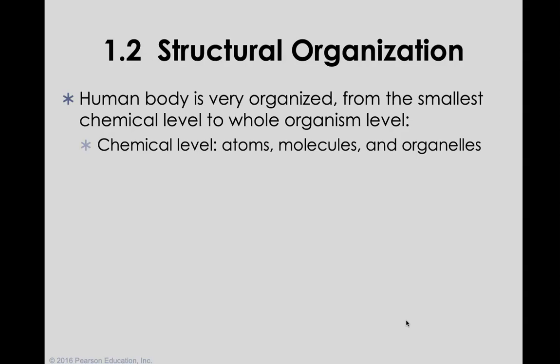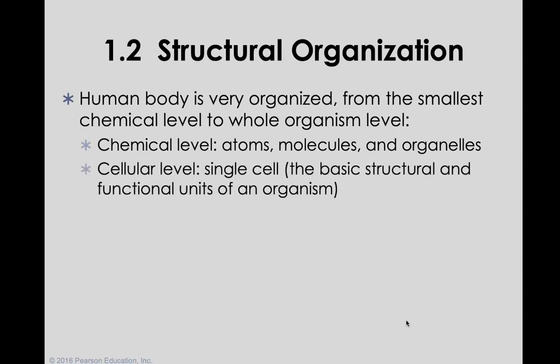So you have hydrogen and oxygen atoms coming together to form a water molecule. You have carbon, hydrogen, and oxygen atoms coming together to form molecules of carbohydrates and things like that. And then we're going to talk about how these molecules, again, come together to form organelles. Okay, so that's all at our chemical level of organization.